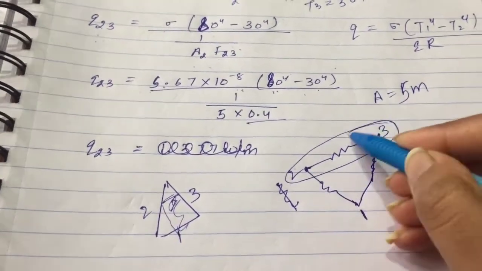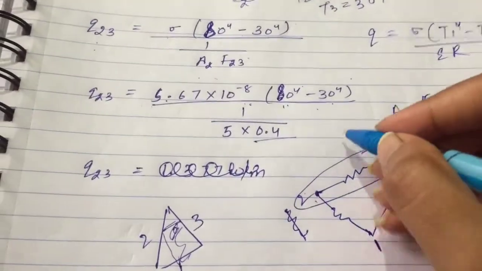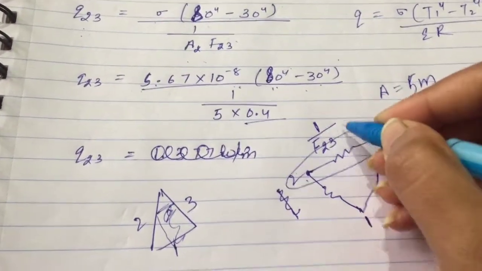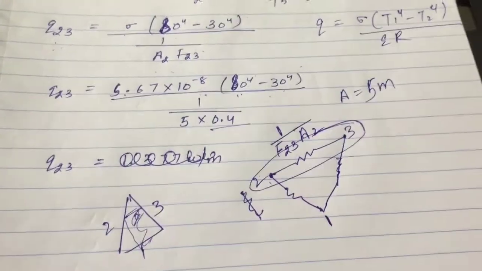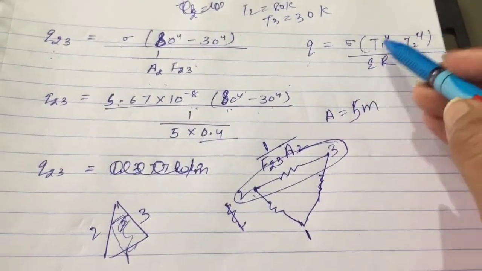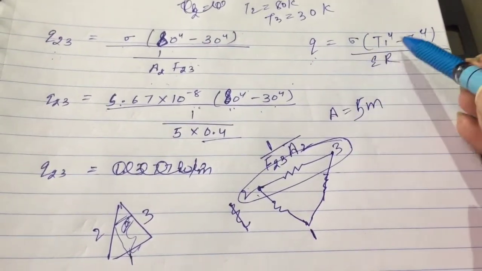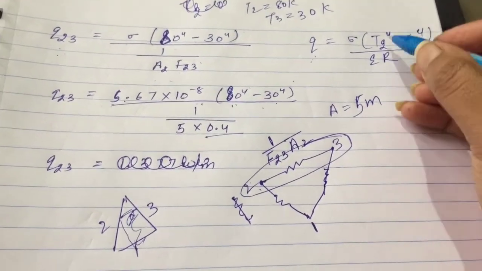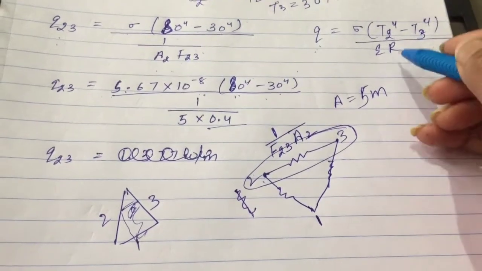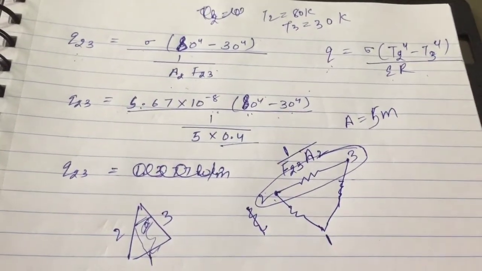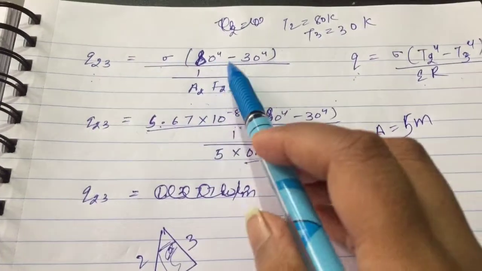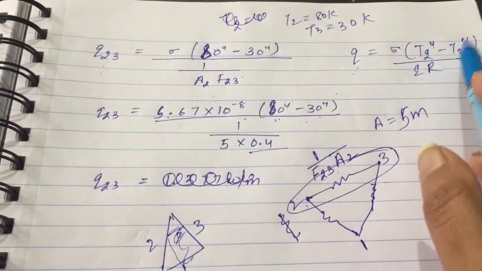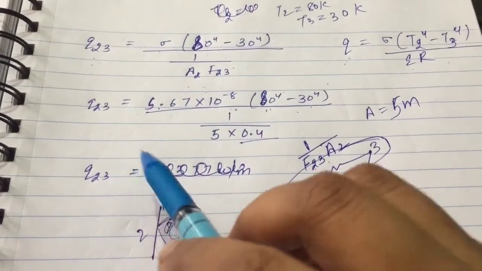Between these surfaces there is space resistance, which we know is 1 by F of 2, 3 into area of 2. To calculate Q, we use the formula Q is equal to sigma into T of second surface to the power 4 minus T of third surface to the power 4, upon the resistance between them. So putting in the values, we can calculate our Q of 2, 3.